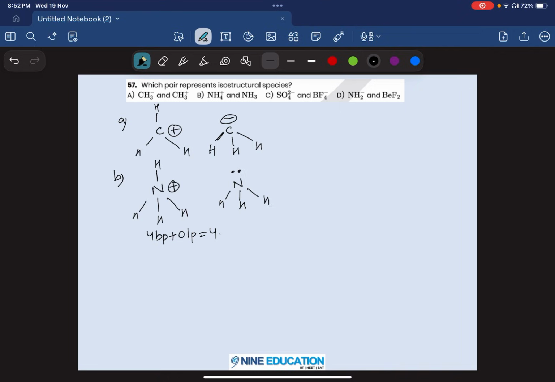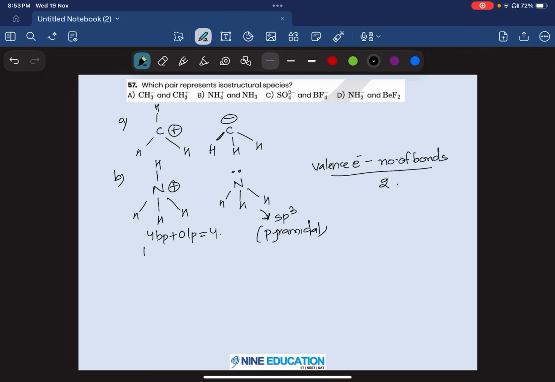Number of lone pairs is nothing but valence electrons minus number of bonds, divided by 2. So in ammonia, there is one lone pair. So it is also sp3 hybridized nitrogen, but it will have pyramidal structure, whereas NH4 plus is tetrahedral. So both are not isostructural.